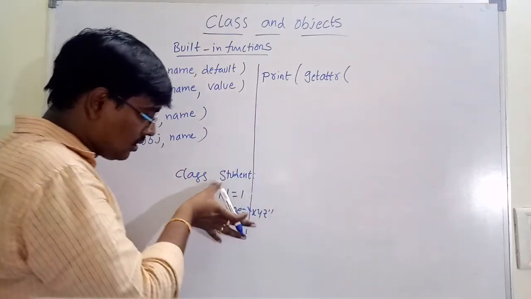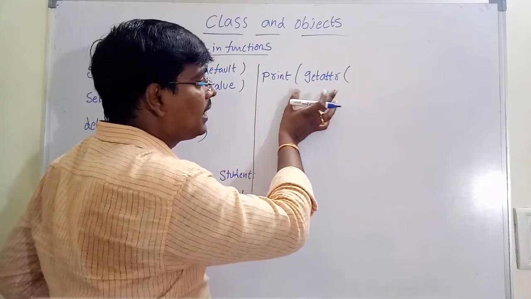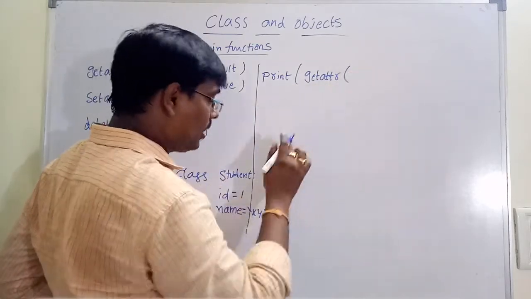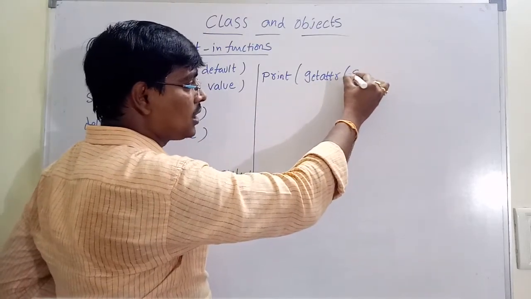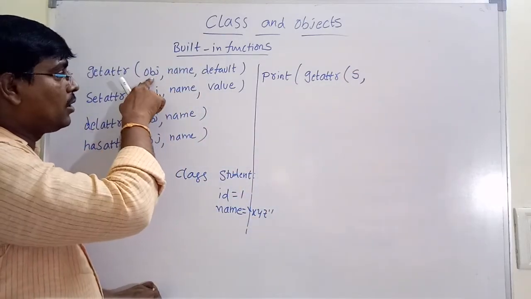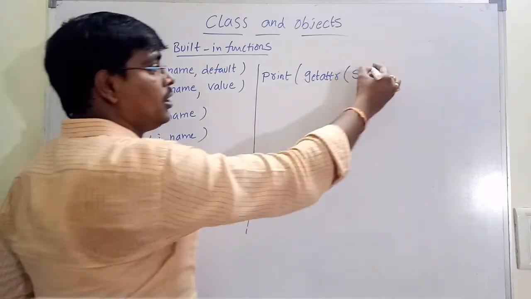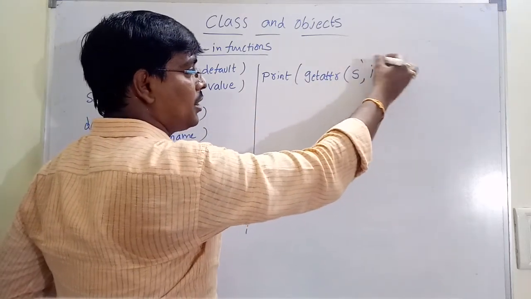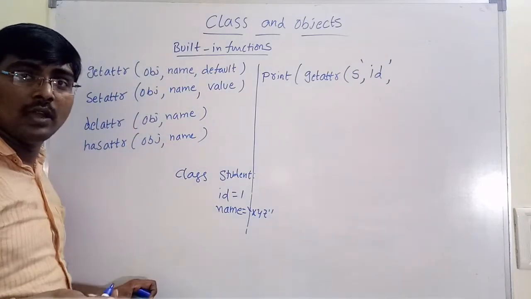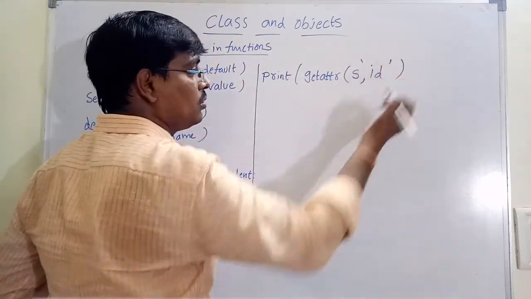How are we accessing them? Write the code. Print getattr of the object s, which is the object name. Then which attribute do you want to access? If you want to access the id attribute, there is no default value here.